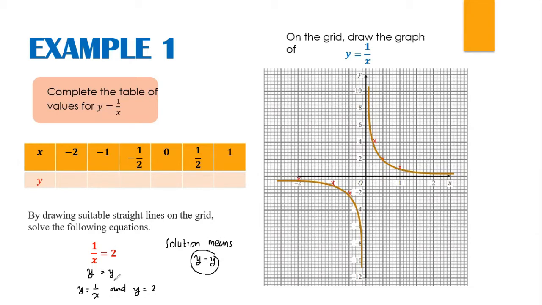The function y equals 1 over x is already done on the grid, right? This is 1 over x. Now the problem is, what about y equals 2? Now we're going to draw y equals 2 on the grid.